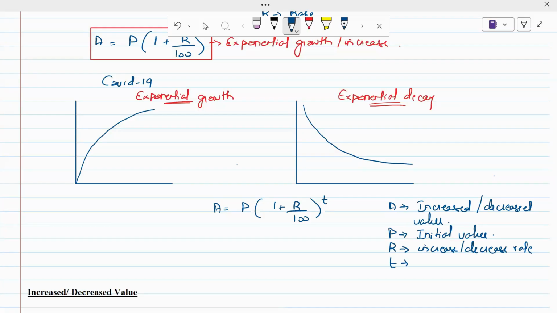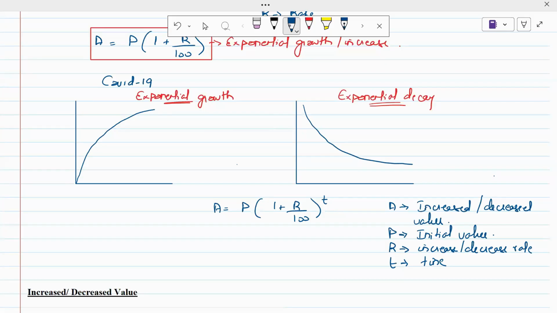And T here represents time. Now don't mix up time with years only. For financial terms, it was mostly in years, like when we say compounded annually or interest is charged per annum. So there it was all about years.